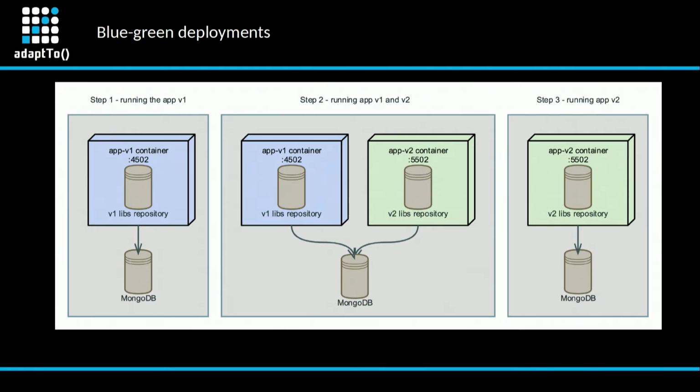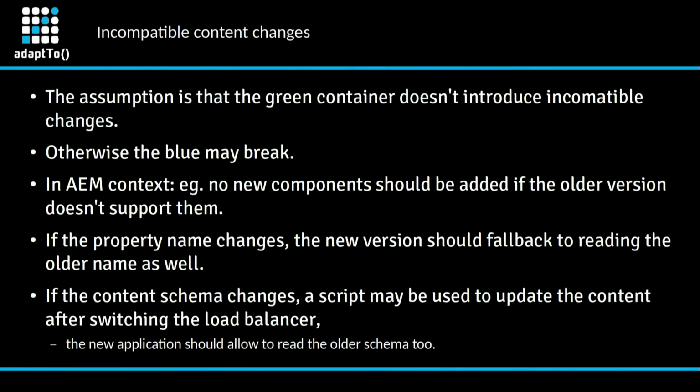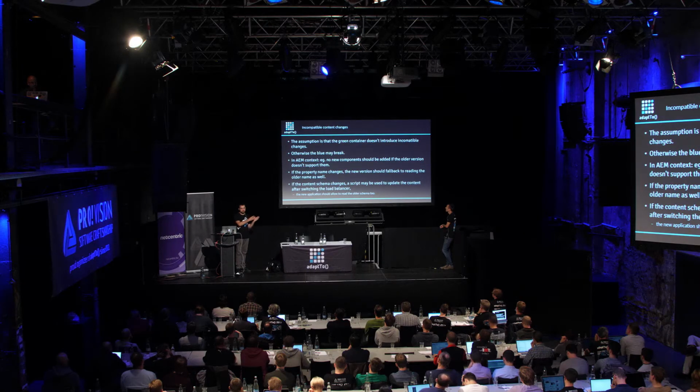So this approach assumes that the new version of the application is backwards compatible with the old data schema, and if it introduces, for example, a new component, then this new component shouldn't be added to the site until the load balancer switch is done, because otherwise we add the new component, the load balancer still points to the old application, and this old application won't know how to display this new component.